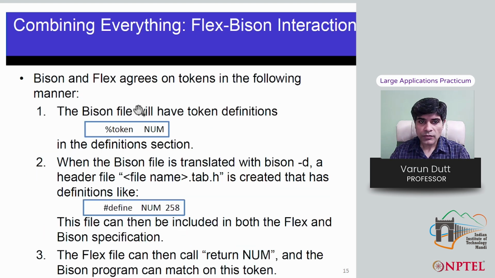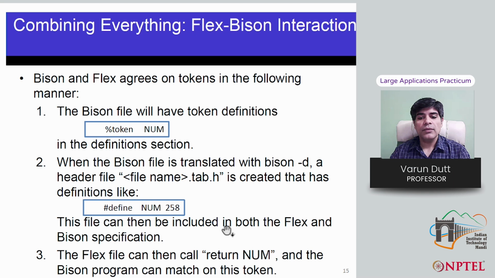So typically we have in the Bison file token definitions, which we have already seen in the definition part. When the Bison file is translated with the bison -d flag, which we will shortly see how to compile, a header file with the name filename.tab.h is created and has definitions like define NUM 258.